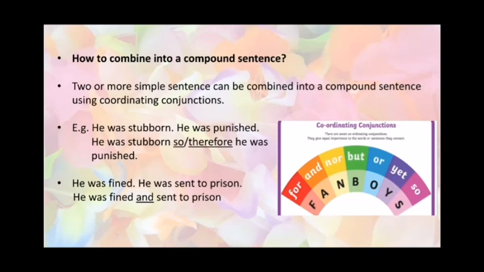He was stubborn, he was punished. Here we have two independent sentences. So we have to join these sentences by using a coordinating conjunction. He was stubborn, so he was punished. You can either use so or therefore. In the second way you can say, he was stubborn, therefore he was punished.